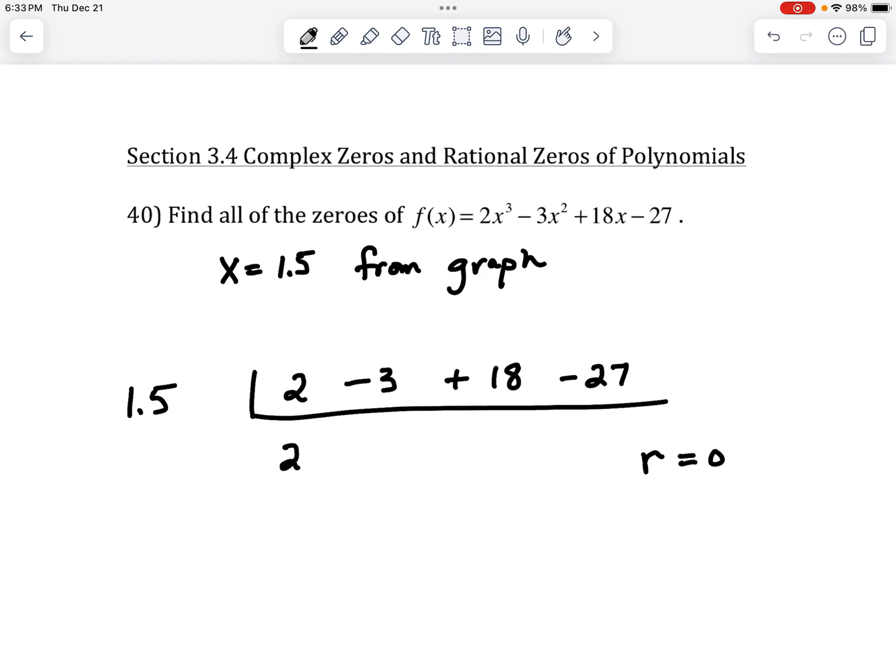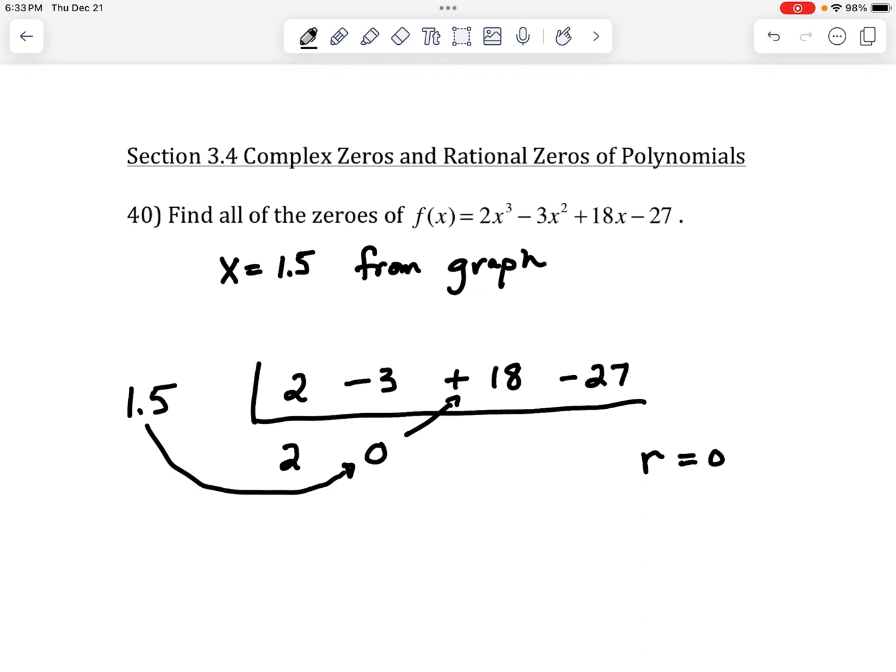All right, then bring down the 2, multiply in this direction, so 1.5 times 2 is a 3, and then add that up to this, which actually is going to make 0. And then just repeat that process. So 1.5 times 0, that's 0.